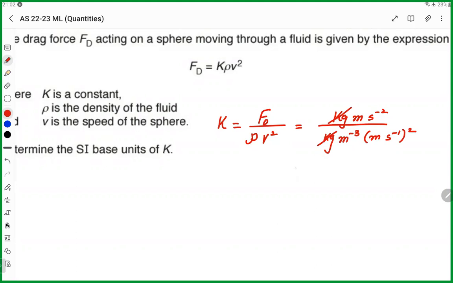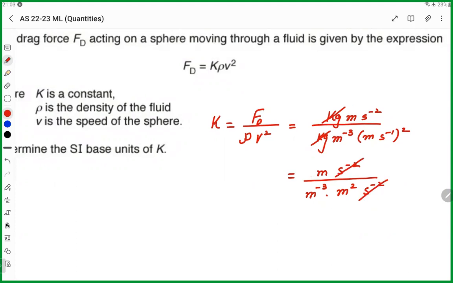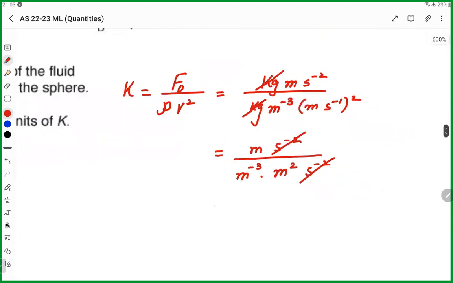So we have meter per second square divided by meter cube times meter square per second square. Okay, so you see that second square per second square can also be cancelled out. So we now have m over m to the power 1, which will be m square.